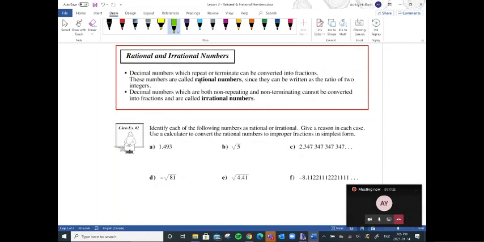It says these numbers are called rational since they can be written as a ratio of 2 integers. Basically the way I think of rational numbers, if you want a really short definition, is that rational numbers can always be turned into fractions.